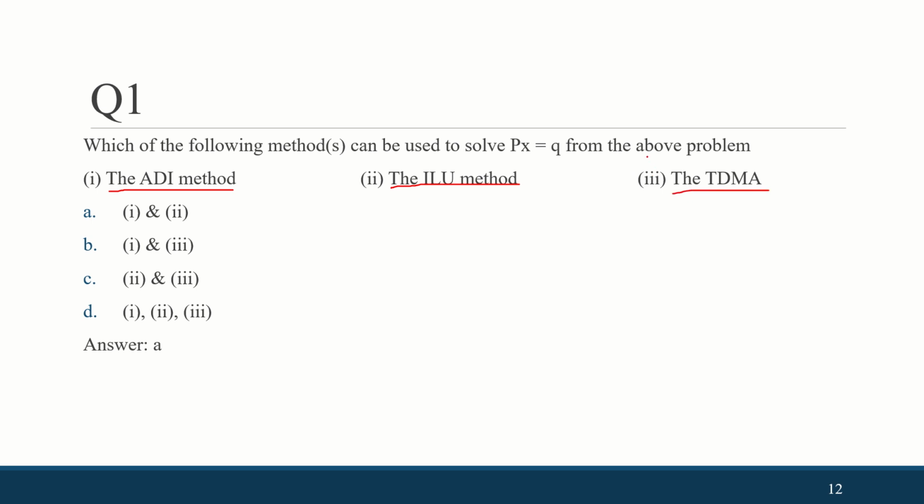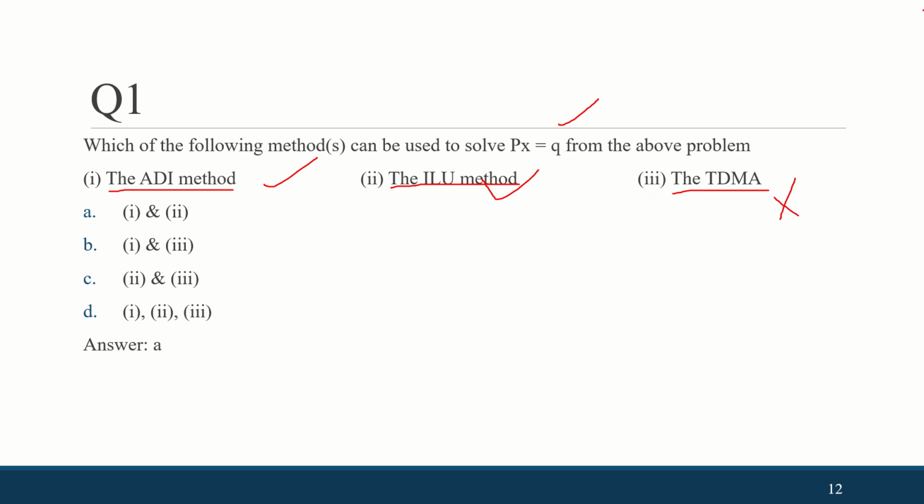If we could remember in the last lecture itself, we have discretized this equation, and we could not get the tridiagonal matrix in that. Rather, we were getting some other non-zero elements also in that system. So we can use ADI method and ILU method, but tridiagonal matrix algorithm cannot be used because it was not forming in that structure.